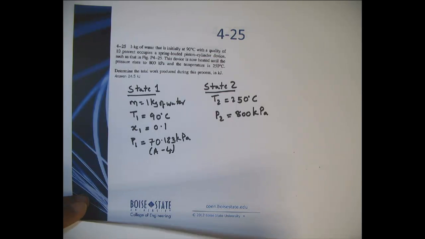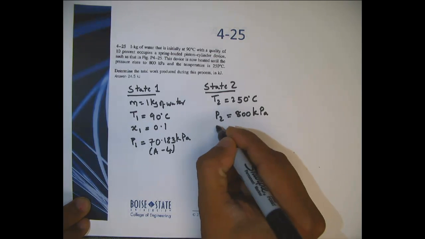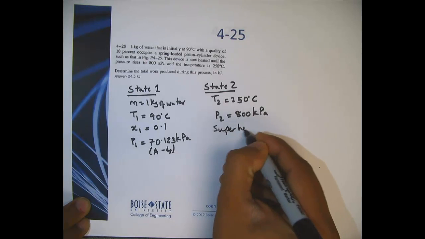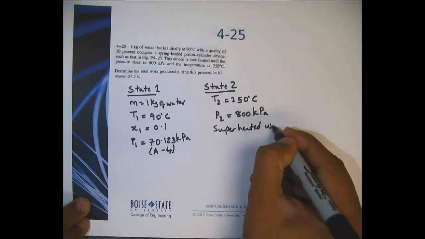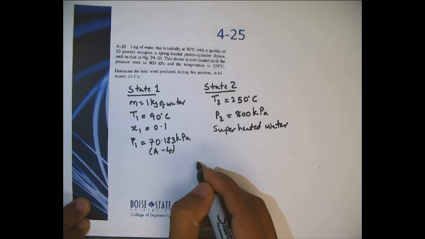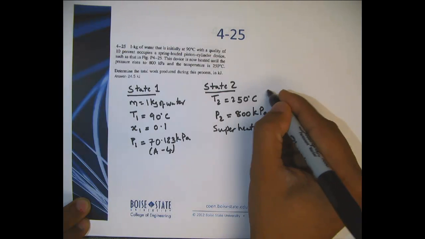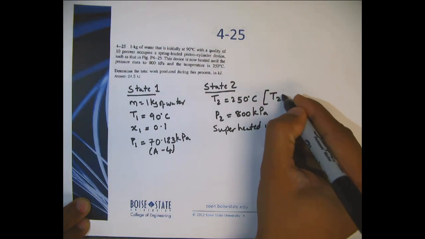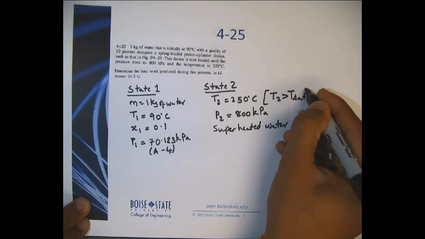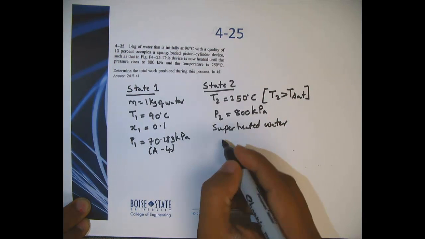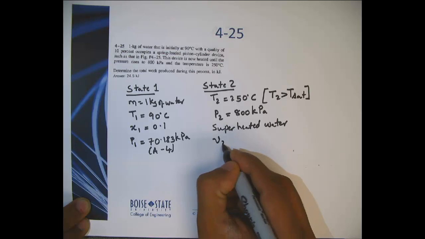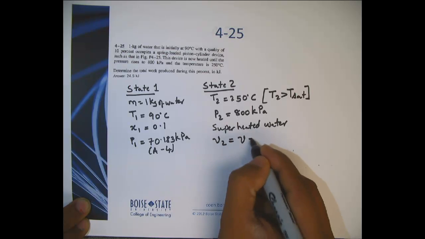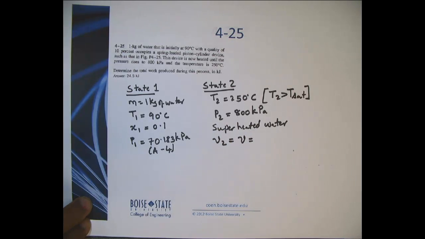So having known that, let us write that we are in the superheated zone, since T2 is greater than Tsat. Now the specific volume would be determined from the superheat tables.